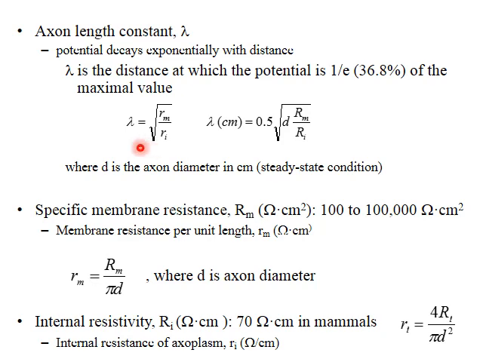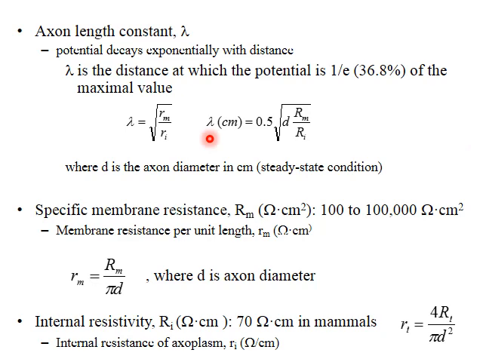This equation tells us the relation between the length constant lambda and these values. Very simply, lambda equals the square root of the membrane resistance divided by the internal resistivity.